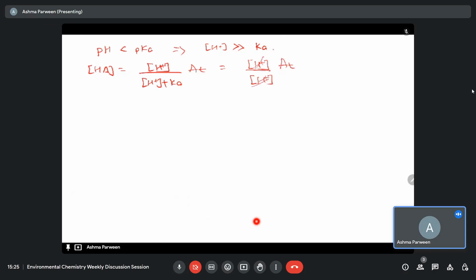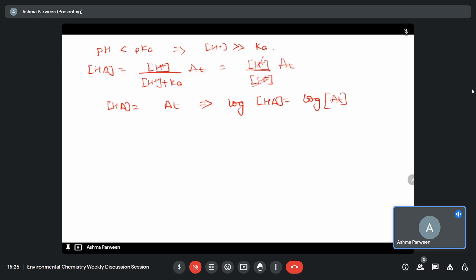H plus will cancel out, and we have HA as At, that is, we can write in terms of log, log HA equals log At. I am using the square bracket which shows concentration. We are not considering the activity of the species because we are assuming that the system is dilute.